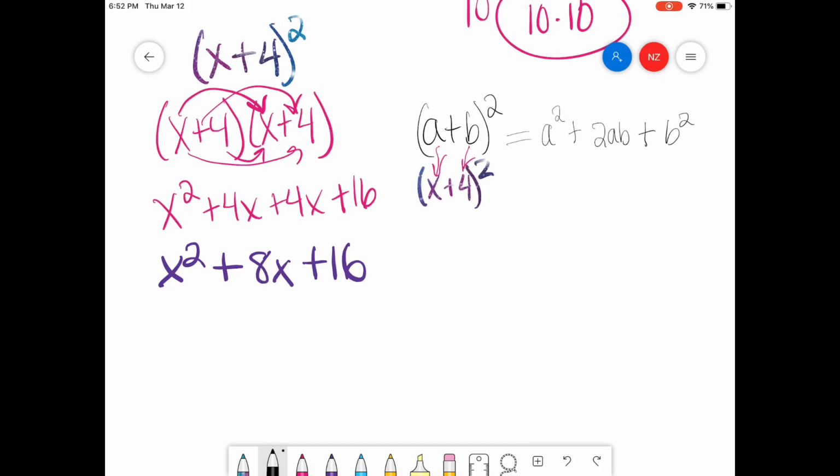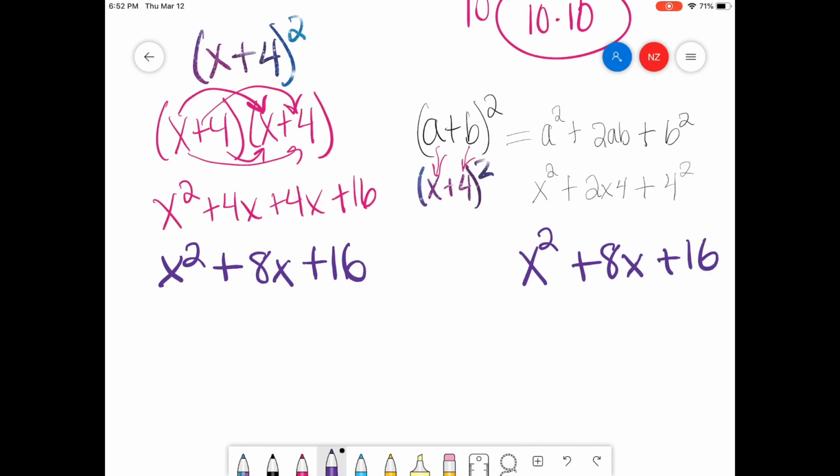A in this case is x, so I have x squared plus 2, a again is x, and b again is 4, plus 4 squared. Now if I clean all that up, I would have again something like x squared plus 8x plus 16.